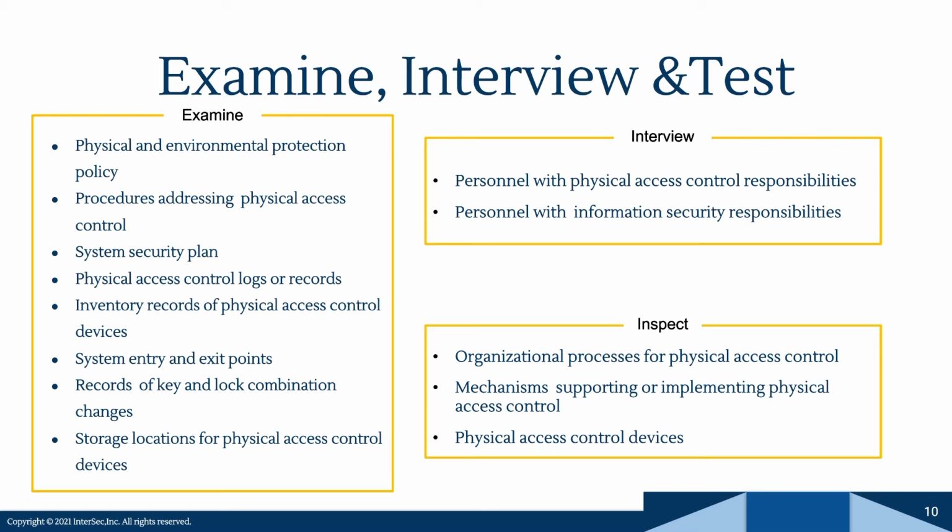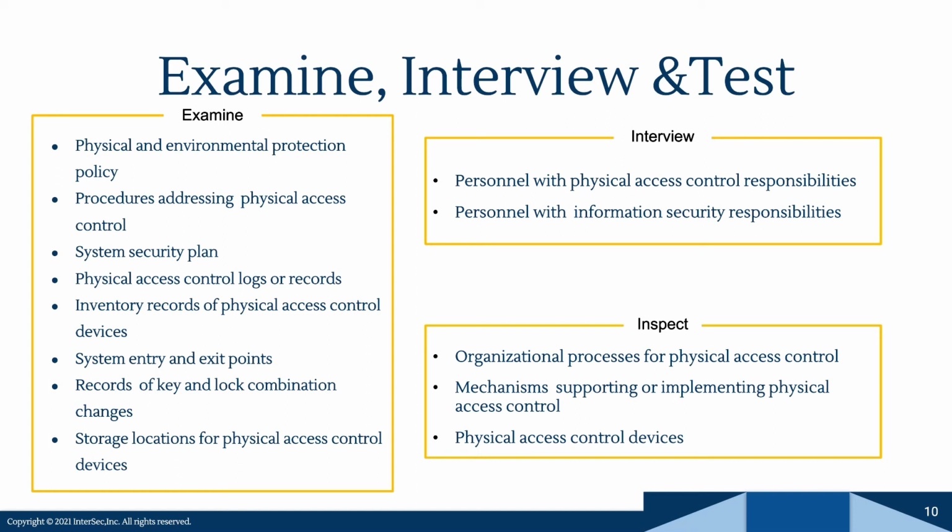For the interview method, they might interview personnel with physical access control responsibilities or personnel with information security responsibilities. And finally, they might inspect organizational processes for physical access control or mechanisms supporting or implementing physical access control.